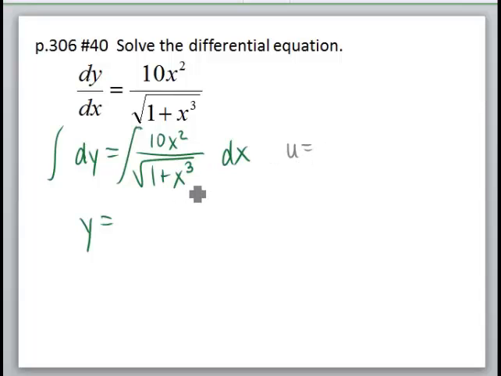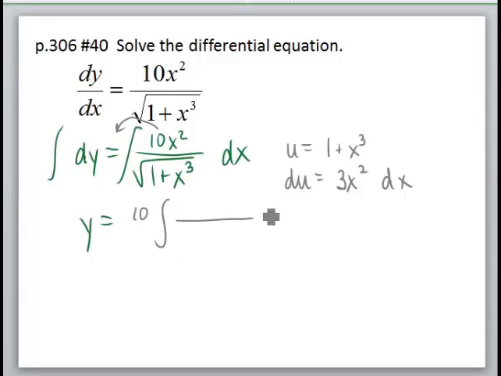I'm going to pick what's in the parentheses right here, which would be the 1 plus x cubed. I'll take the derivative of that, and we'll hope that we get what we need. We get a 3x squared dx. Not exactly what I need, but I can work with that. So what I'm going to actually start out by doing is putting this 10 out front. So I move this 10 out front. I have on the bottom of this the square root of u. So I've taken care of this part.